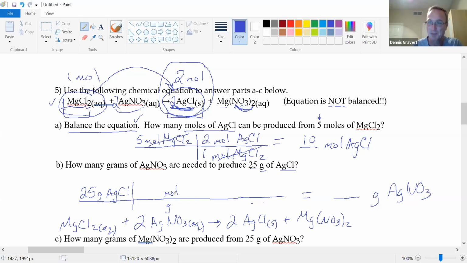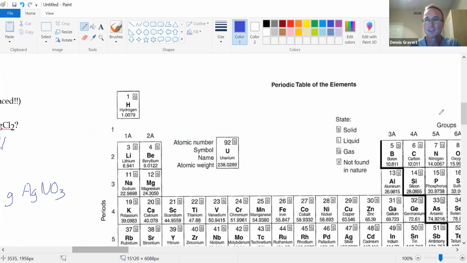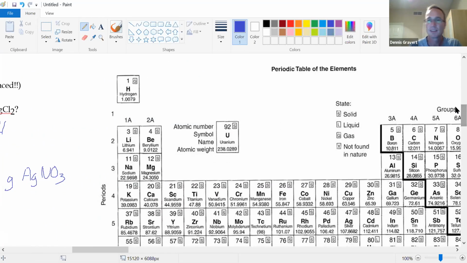This is grams per mole. That's the molar mass again. For this molecule, AgCl. Silver chloride is AgCl. So scroll down a little bit. Down here is Ag. Ag weighs 107.8682 grams for every mole.